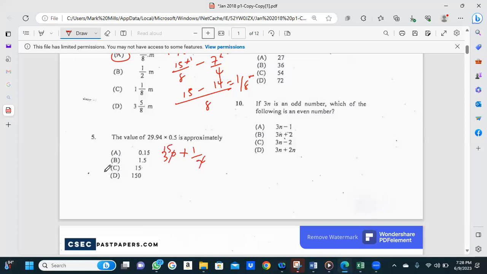So the answer here would have been C. So you find the number which is approximately 29.94 times 0.5, which is the same thing as half. Half of 30 will give you 15. Are we clear?